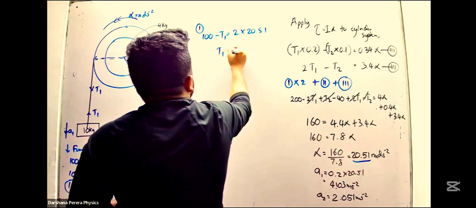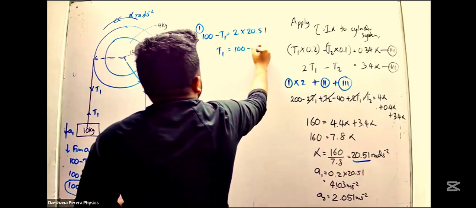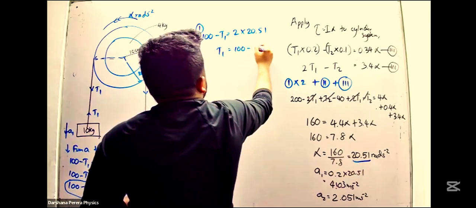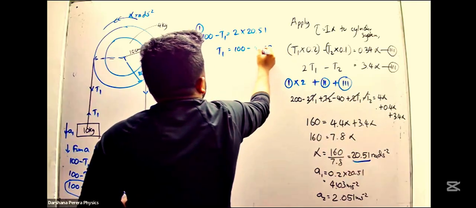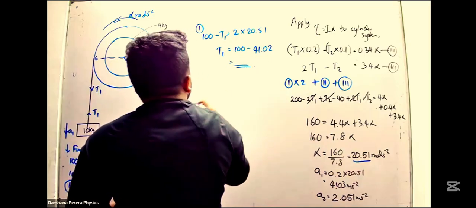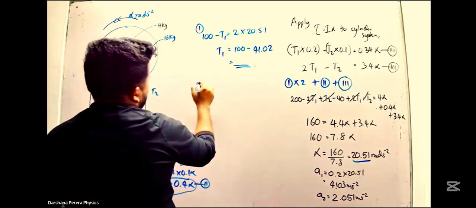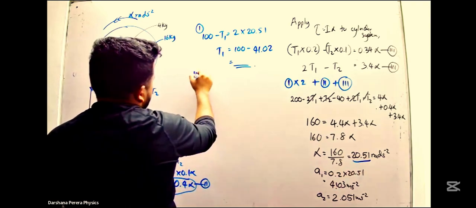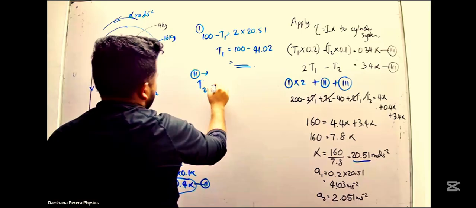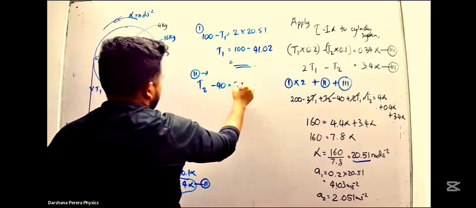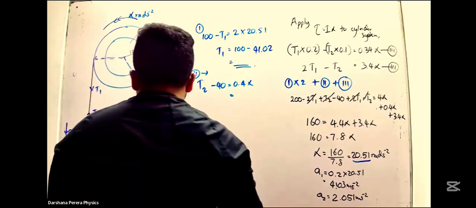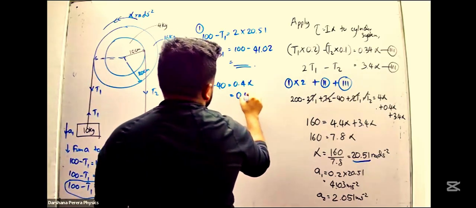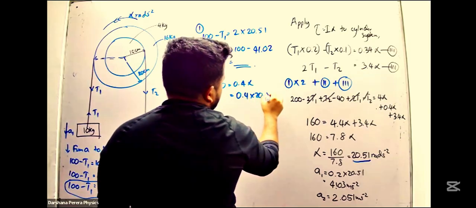T1 equals 100 minus 2 times 20.51. T2 from the second equation: T2 minus 40 equals 0.4 alpha, 0.4 into 20.51.